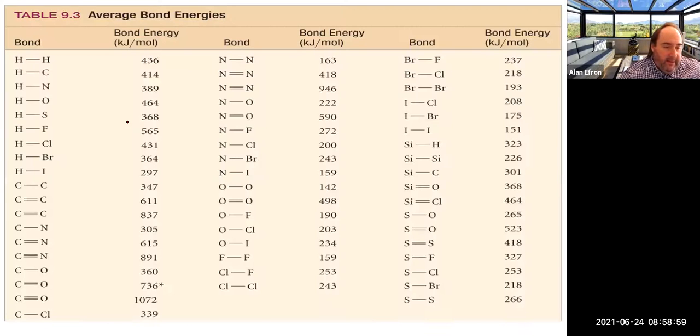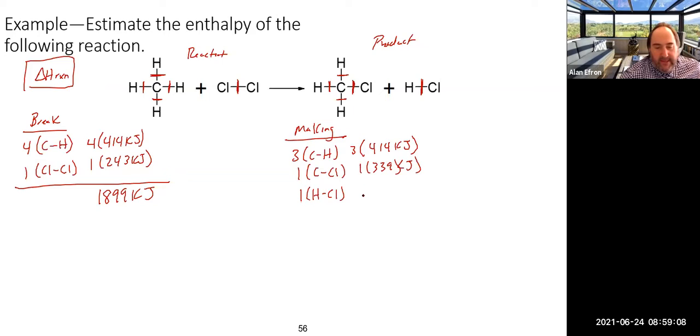Again, we would come back here and find hydrogen chlorine. Looks like 431, I think. So 1 times 431 kilojoules. Again, basically just going to add those together. This is all the energy released to make our bonds.